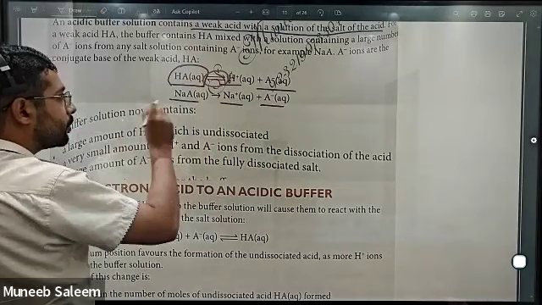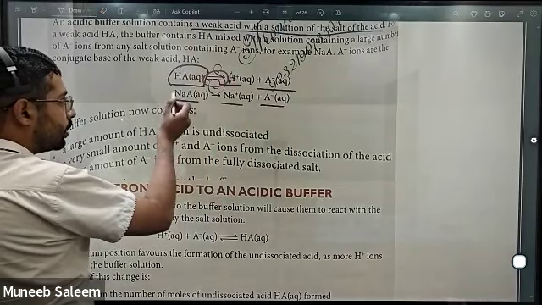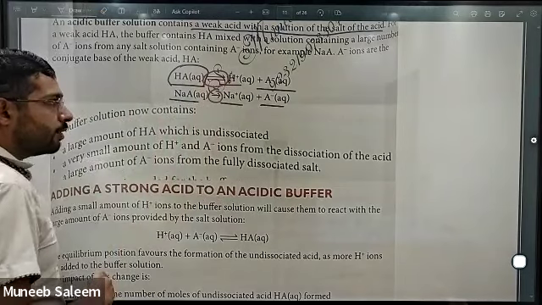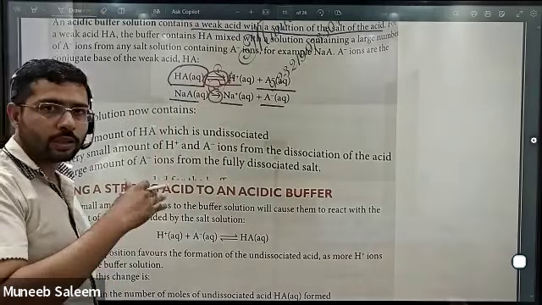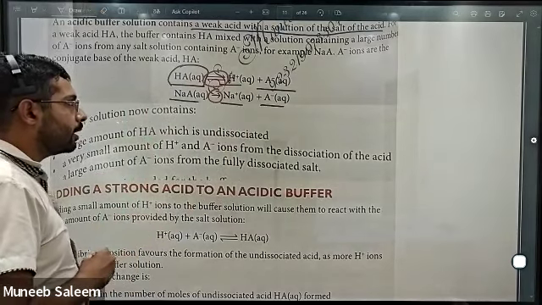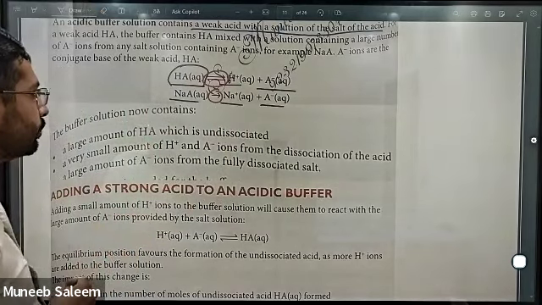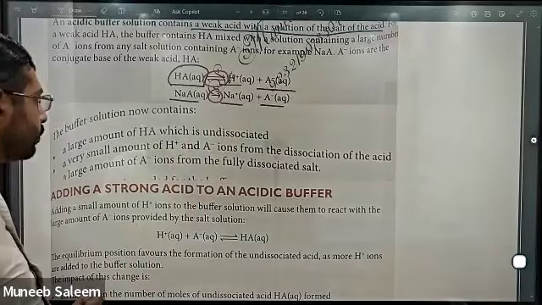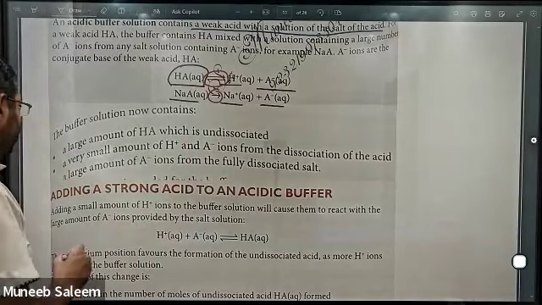And the salt of this weak acid has the irreversible arrow. That means there is a complete dissociation of the salt of this weak acid into the corresponding ions, the sodium ions and the anions.